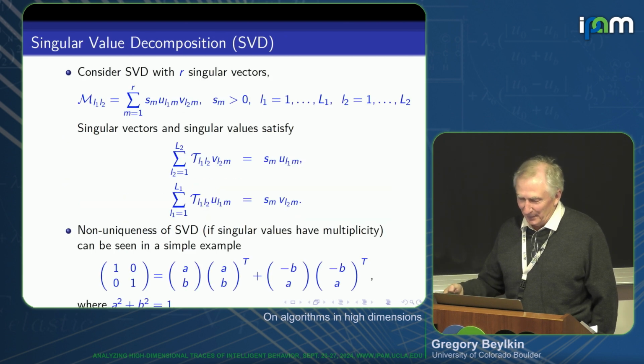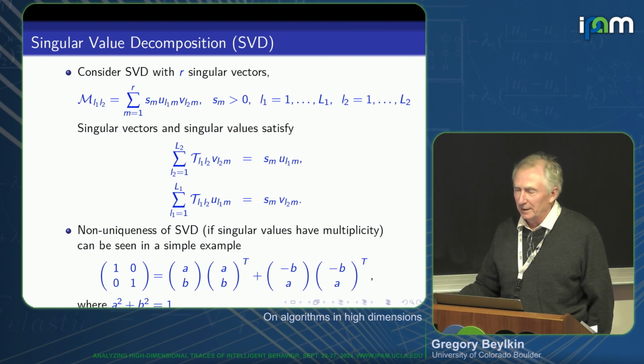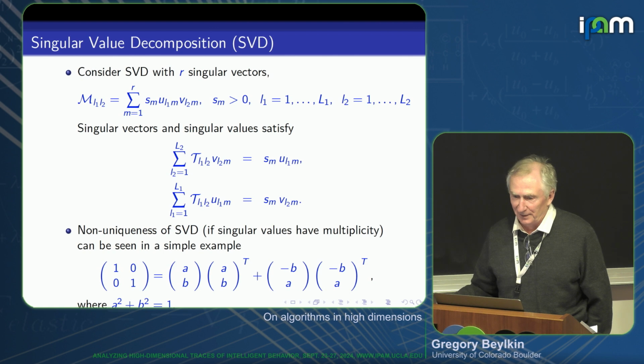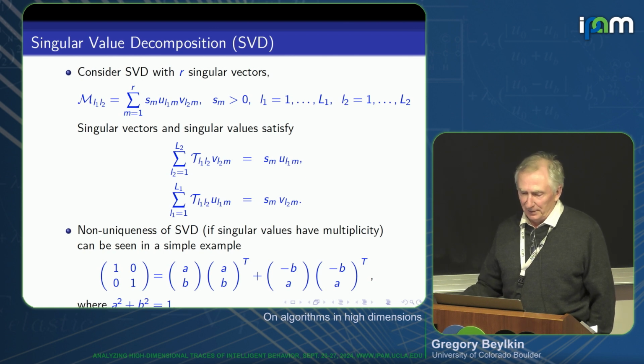But I want to explain something that is important. What is the difference of three-way arrays versus two-way arrays, matrices? For matrices, you have SVD.